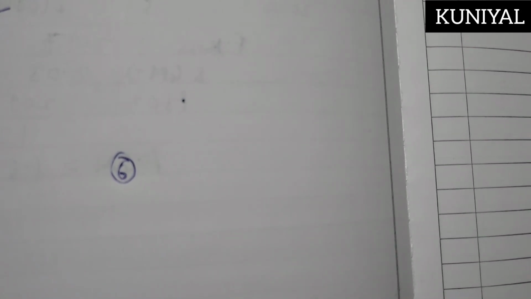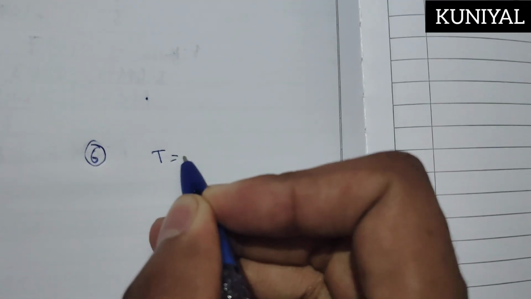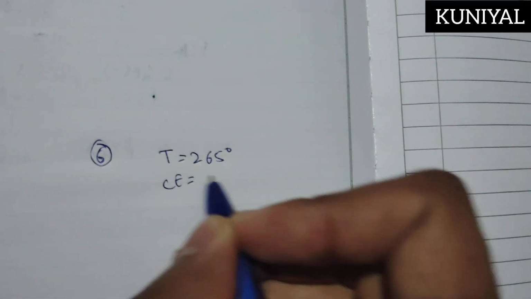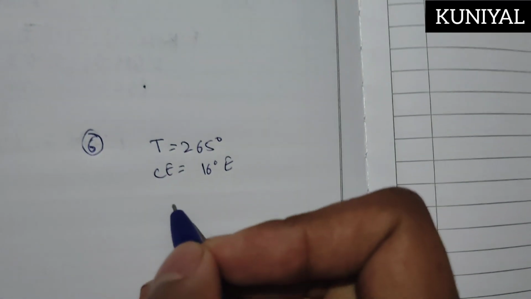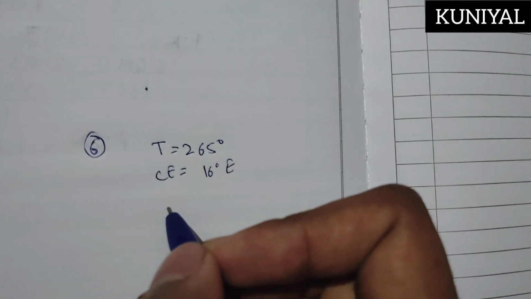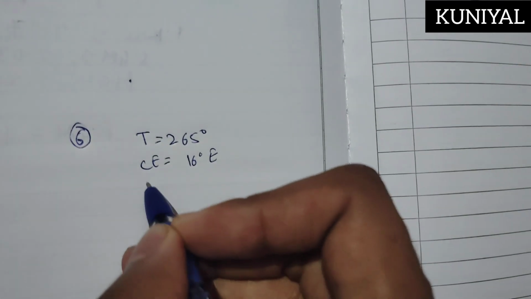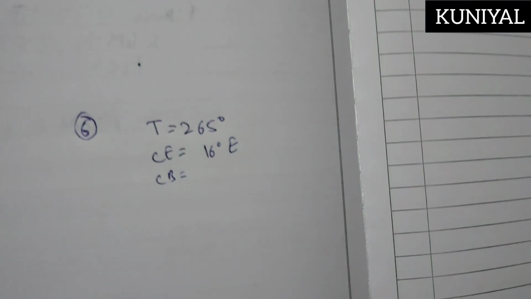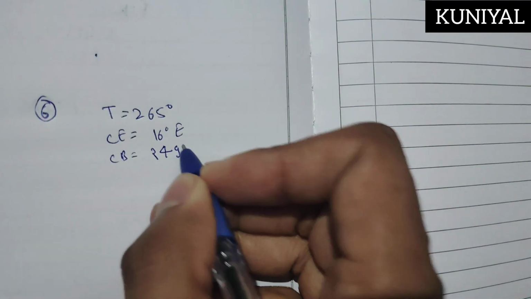So we will subtract 16 from 265 degrees. 265 minus 16, if you solve it, we get 249 degrees.